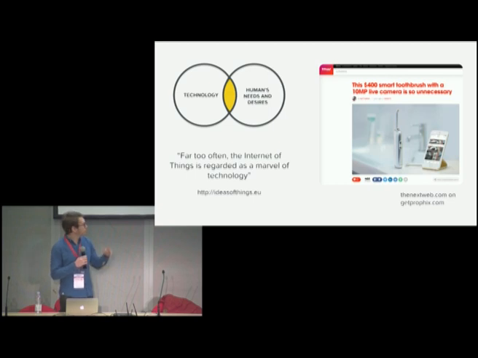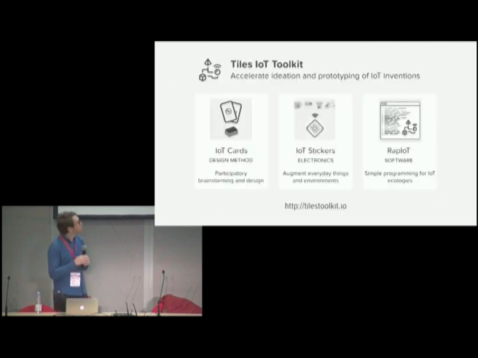So this research project we're running tries to come up with tools and methodology in order to support the early stage of the design process of a technology invention, specifically getting people creative and engaged into generating ideas. And so there are basically three elements that make our toolkit.